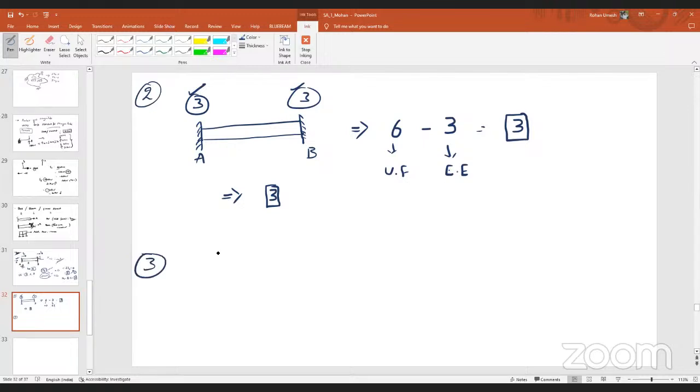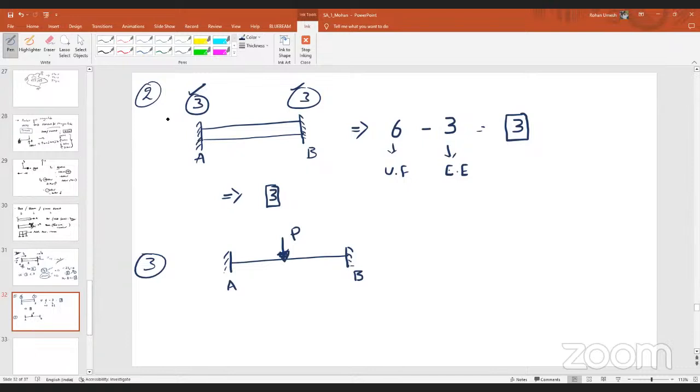Now let me go for another case. Just the same problem, I'm drawing it as a line element. Don't think that I'm drawing some other problem. Now tell me, how many reactions do we have to consider at point A and how many at point B?